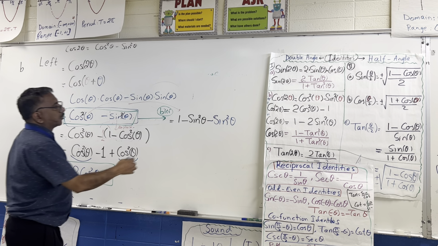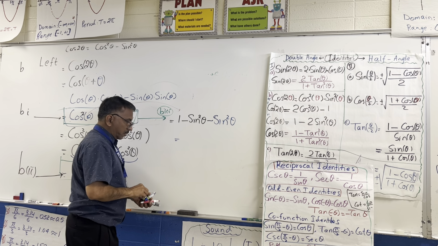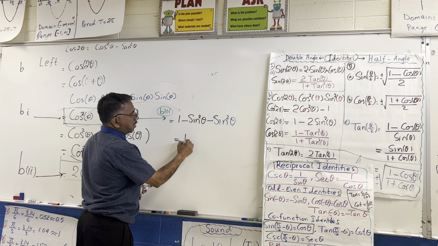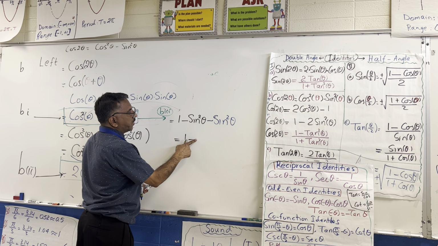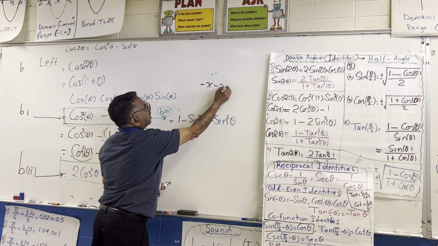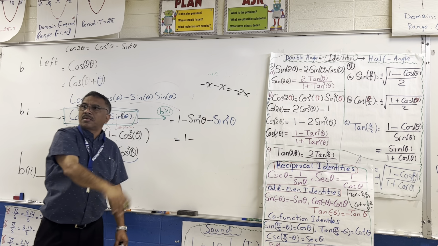So what is 1 minus, how many of them? 2 negative, right? It's like if you have negative x and negative x, how do we write this? Is that okay?